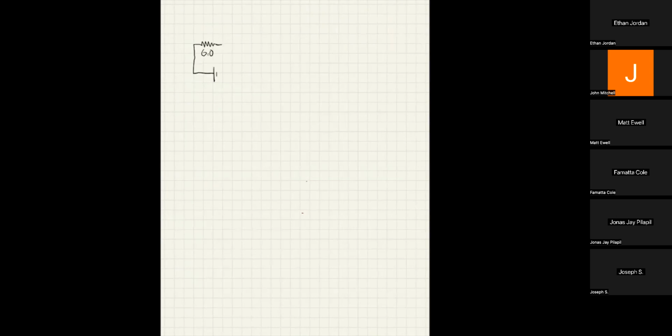Then that wire is going to break off into 2 parallel legs like such. And this top one's going to be an 8 ohm resistor. And this bottom one is going to be a 4 ohm resistor.